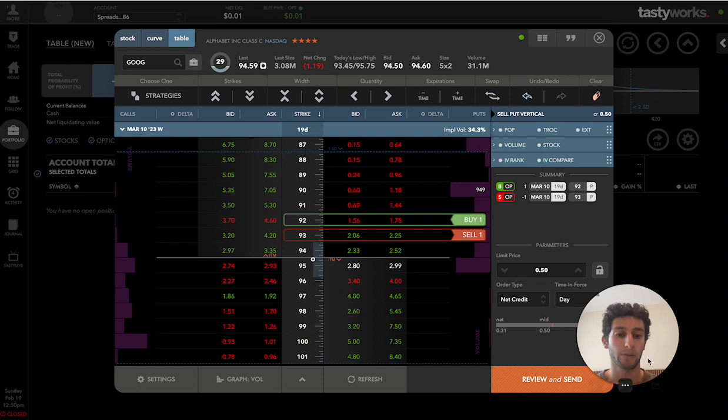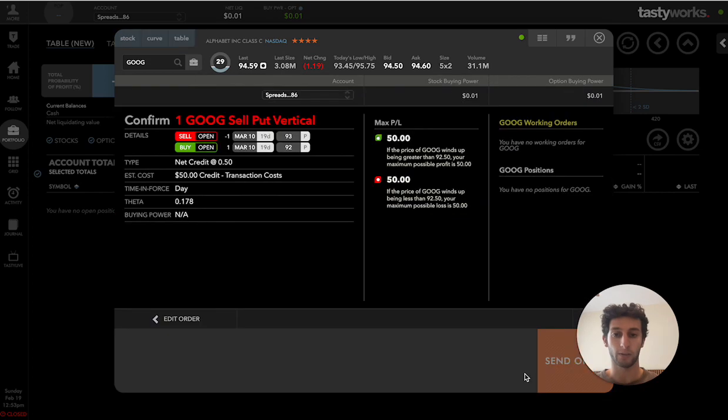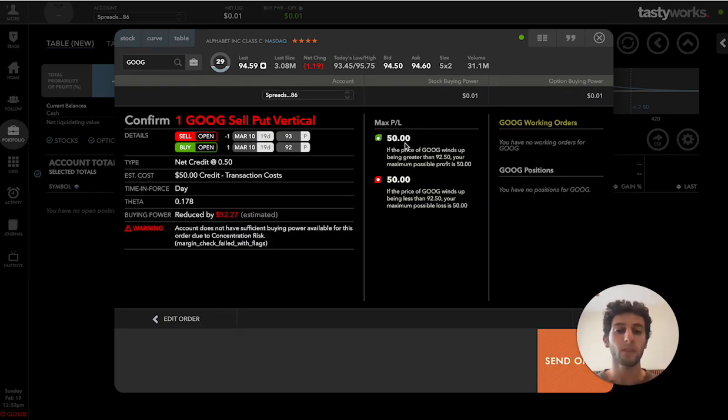And what's going to happen is you're going to end up getting a net credit here, right? So you can see we have a net credit of about 50 cents, which means you're going to be receiving 50 cents per 100 shares, which is about $50. Now, if I click here, click review and trade, this is why I love Tastyworks, it shows you your max P&L, your max loss, and your break even.